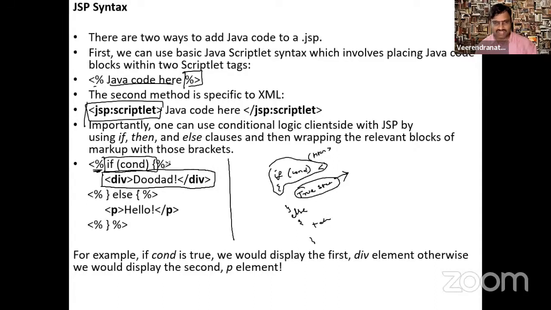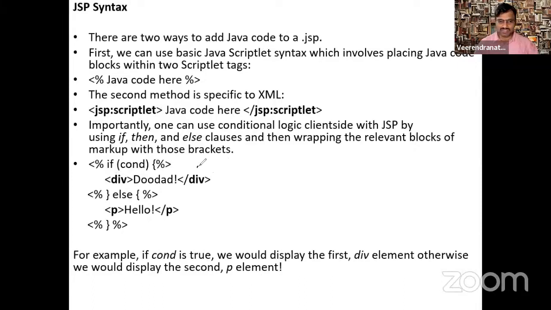When the conversion happens, remember, what generally happens? This will become simple plain Java code, and the HTML will become like pw.println, as we have seen in our servlet code.